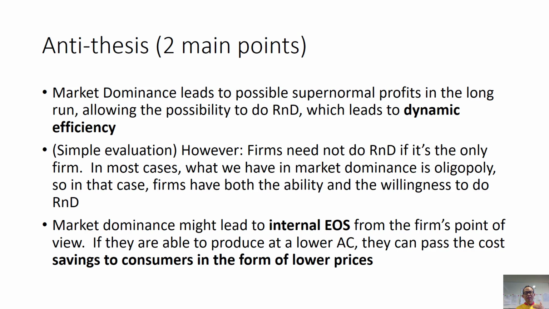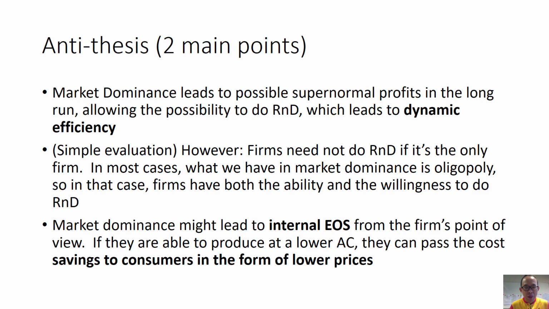You can even evaluate this point by saying that in reality, most of the market dominance we see in the real world are basically oligopolies. With oligopolies, they are actually competing firms. It's not just one firm that dominates the market. So if this is the case, you can argue that firms in oligopoly have both the ability as well as the willingness to do R&D.